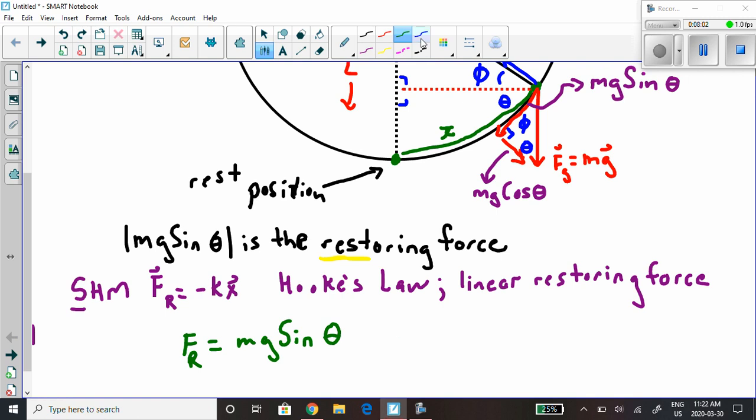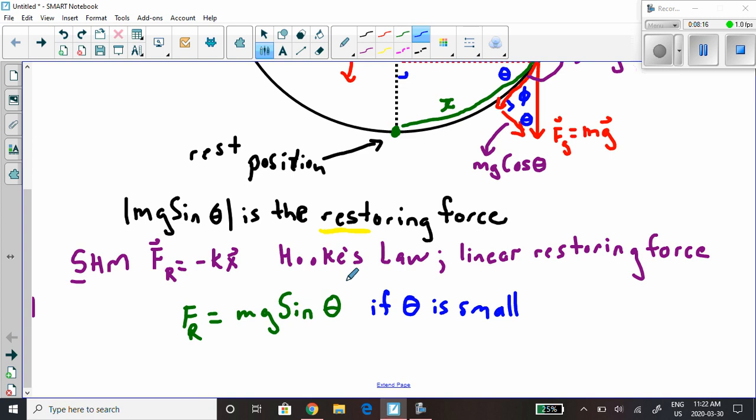But hopefully you learned in math class that if theta is small, and remember, we're dealing with theta in radians, so if you're going to do a little comparison on your own, make sure your calculator is in radians, then theta is approximately equal to sine theta.